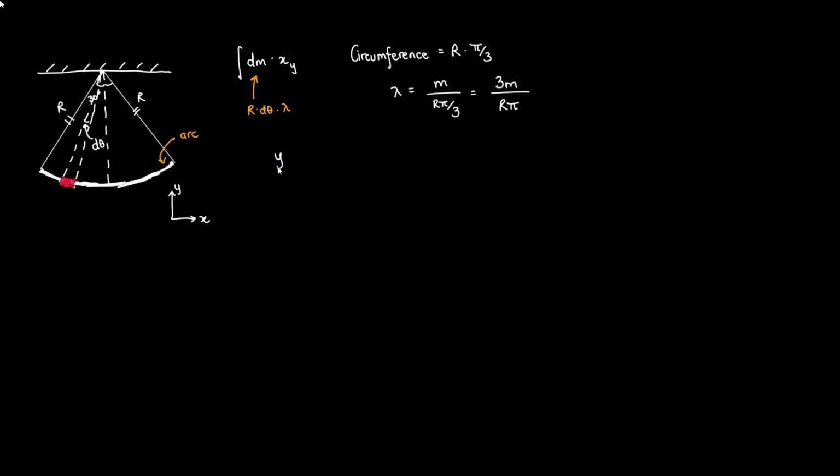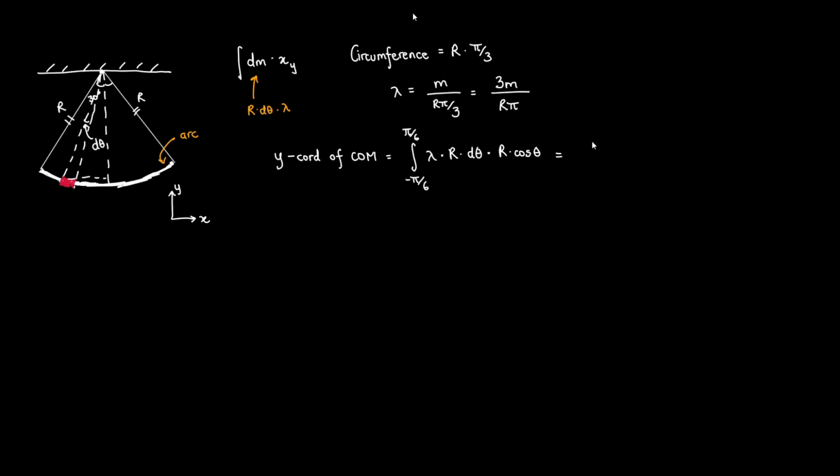Let's put this into the integral. We will write the y coordinate of center of mass as equal to a definite integral from minus pi by 6, 30 degrees on that side, to positive pi by 6, 30 degrees to the right, of lambda into r into d theta into the y distance, the distance of the element on the y-axis, which will be r into cos theta.